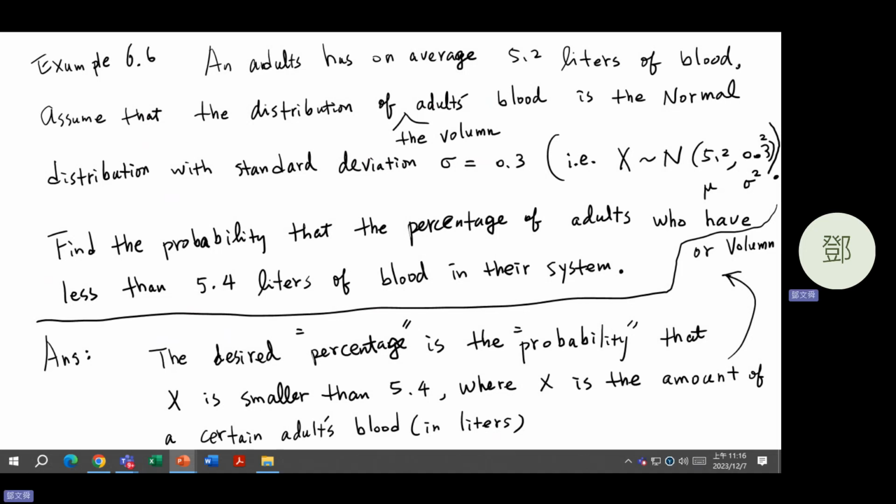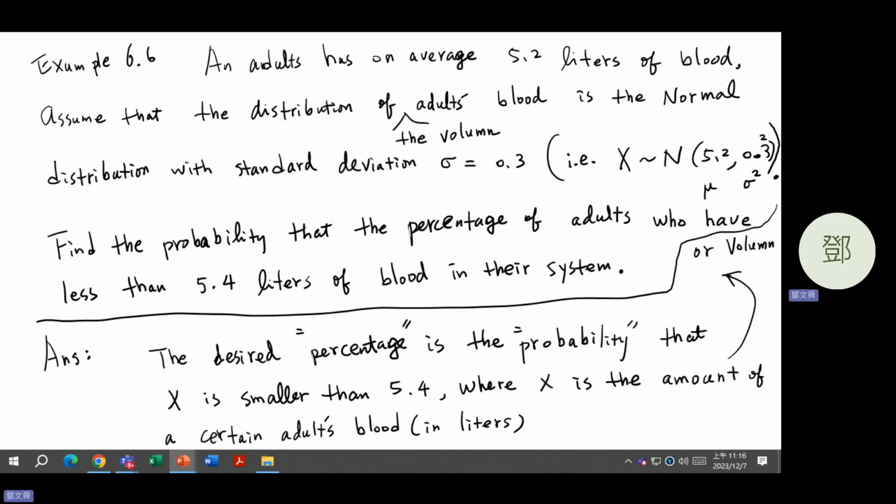The first thing that comes into your mind should be probability. Understand? Percentage is equivalent to probability, and vice versa. Probability is equivalent to percentage. So that's true in statistics and probability. What is the first letter of percentage?